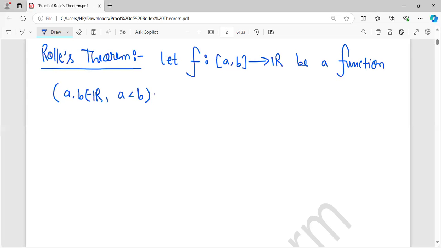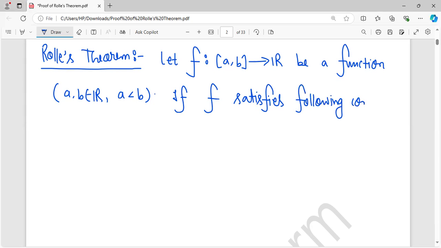If f satisfies the following conditions. What are those conditions?